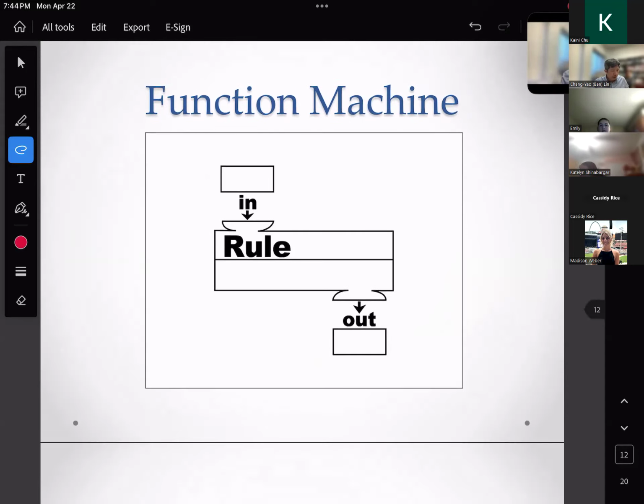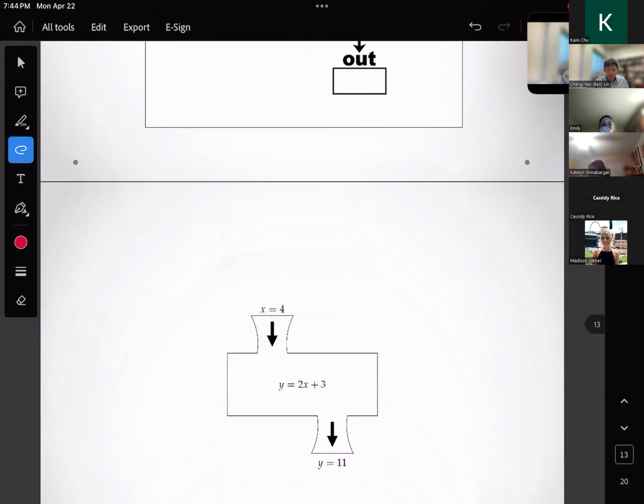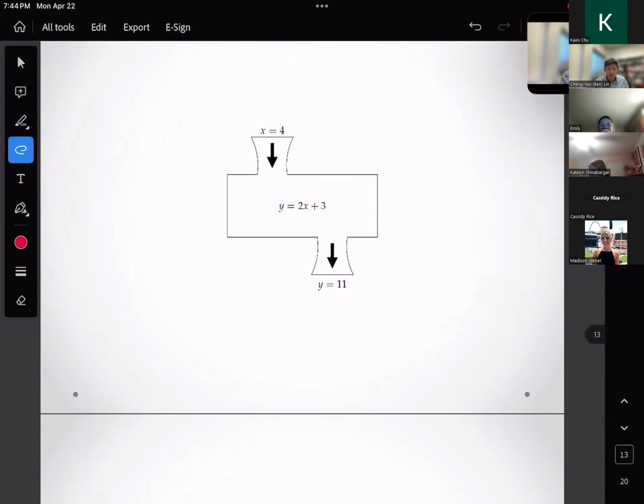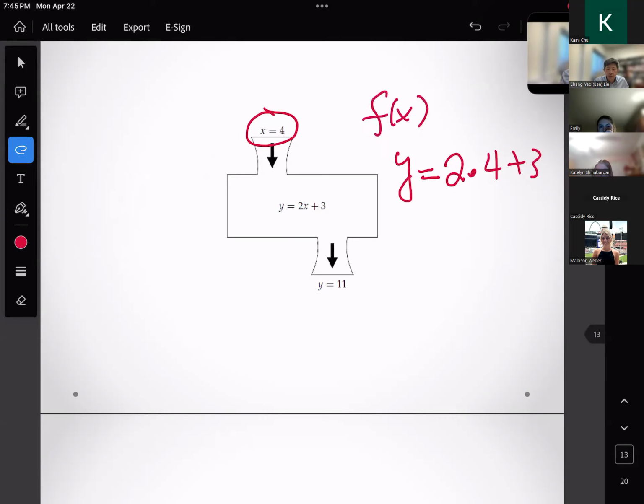Now here, let's say inputs, this is a rule, y equals 2x plus 3. So input is 4, right? So I put down 4 there. 2 times 4 plus 3. And sometimes we can say f of x. f of x is the same as y, okay?